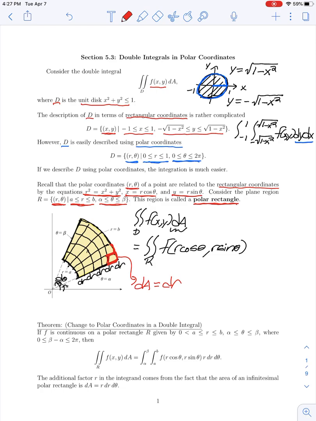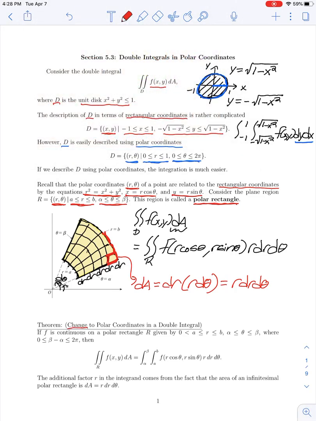Now, the length of the arc of a circle is given by the radius of that circle, that is r, times the angle measure that forms this part of our circle, which we were calling d theta. So here our differential of area is given by r dr d theta. So for our iterated integral, or this double integral in terms of polar coordinates, dA is given by r dr d theta.